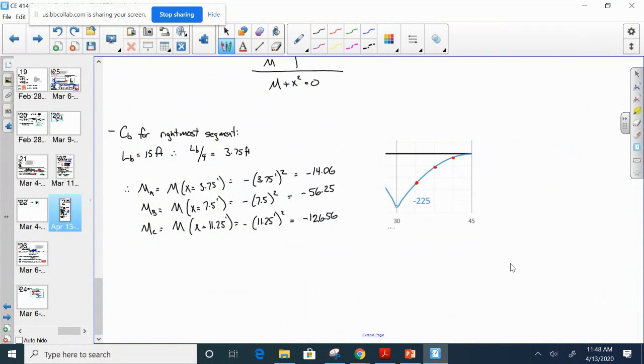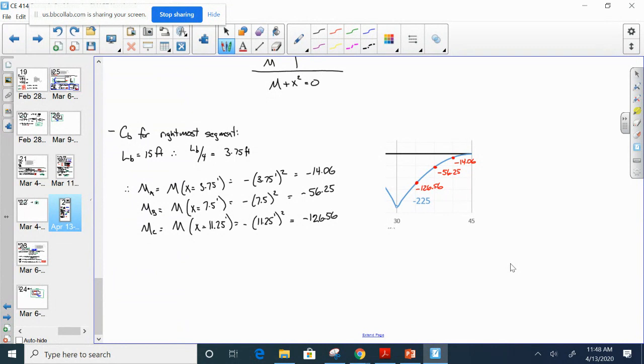Now, if you look at the plot, we actually went right to left, because this is minus 14.06, this is minus 56.25, this is minus 126.56. But that doesn't matter because you can go left to right or right to left.